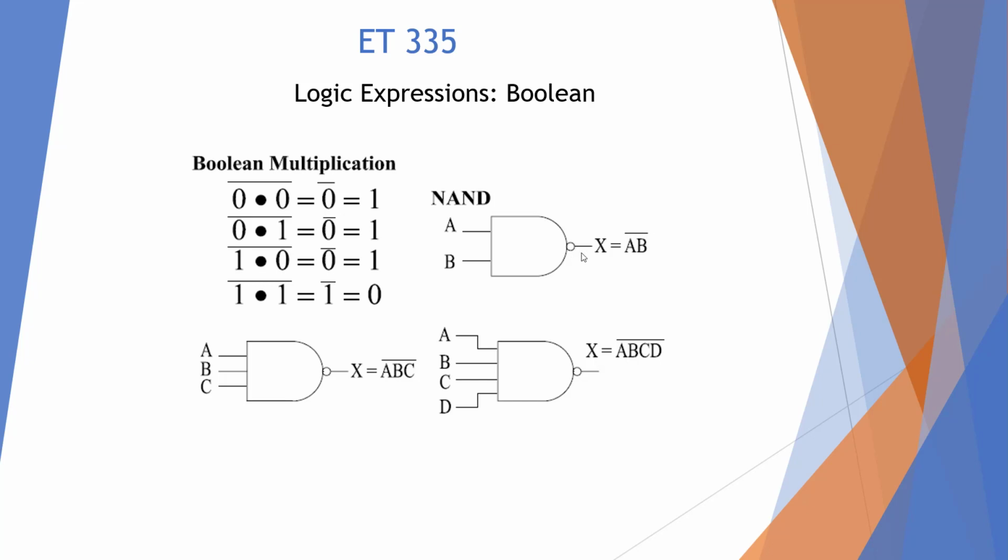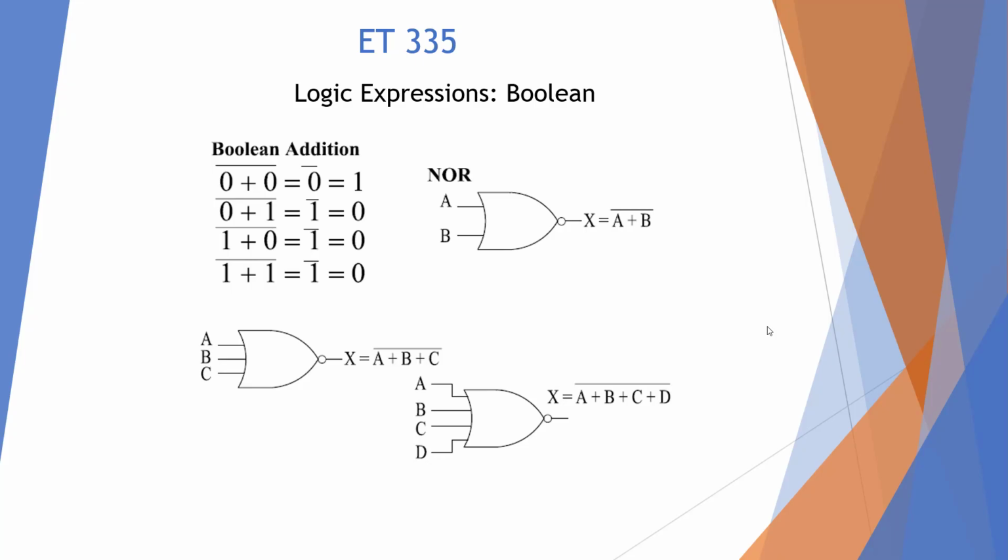Anytime we see a bubble, we need to bar the entire expression that's represented. So a 3-input would be X equals A times B times C with a bar, and 4 would be A times B times C times D with a bar over the entire group.